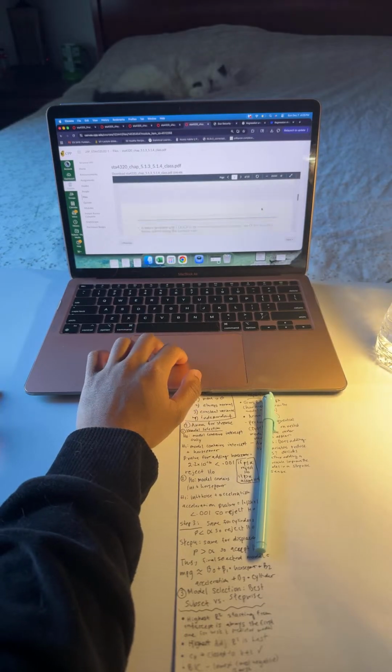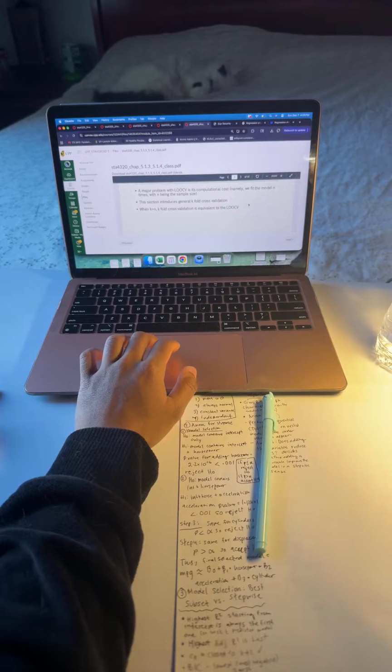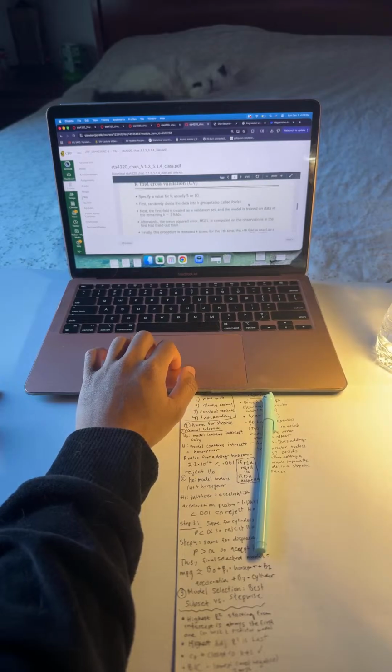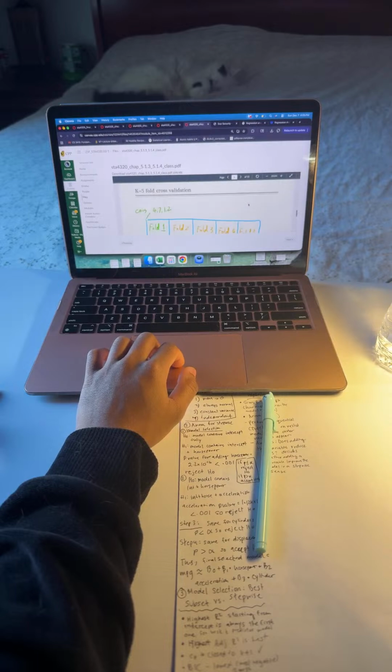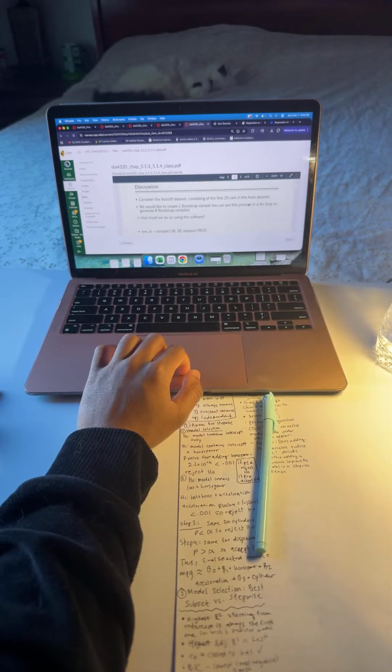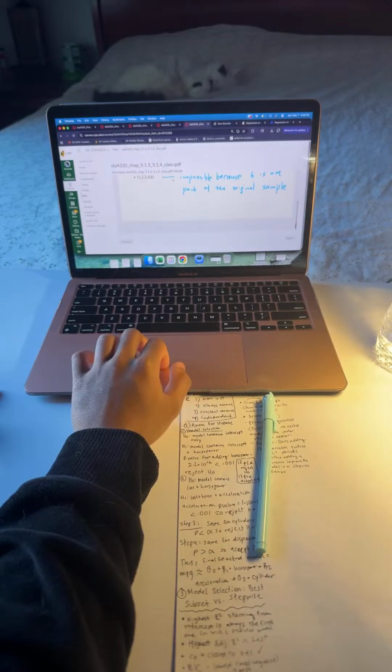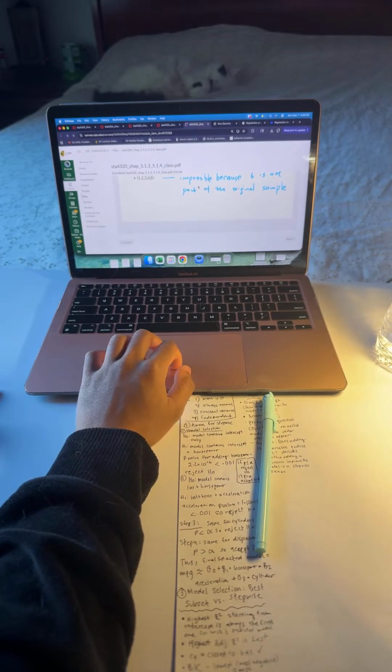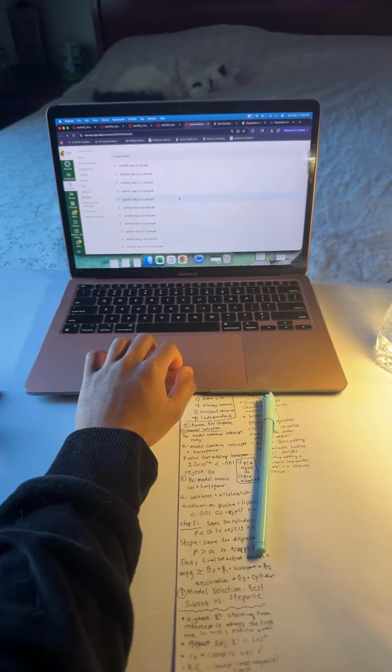Well, let's take a look. What is this thing? LOOCV, and K equals N. Yeah, that doesn't look like it'd be on the midterm. Watch it be on the midterm first thing.